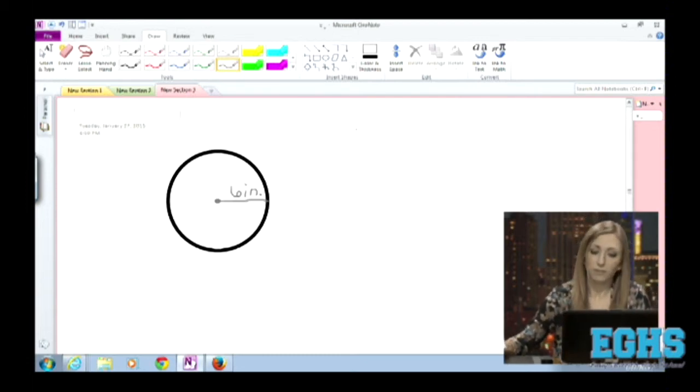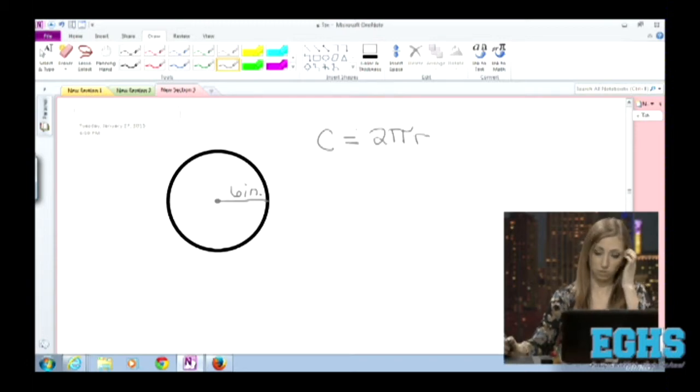So there's a formula to find the circumference of a circle, and I won't get into why it is what it is, but to find the circumference, or C, we'll call it, you do 2 times pi times the radius of the circle. That's one of the really cool things about circles: it uses pi, and this always holds true.